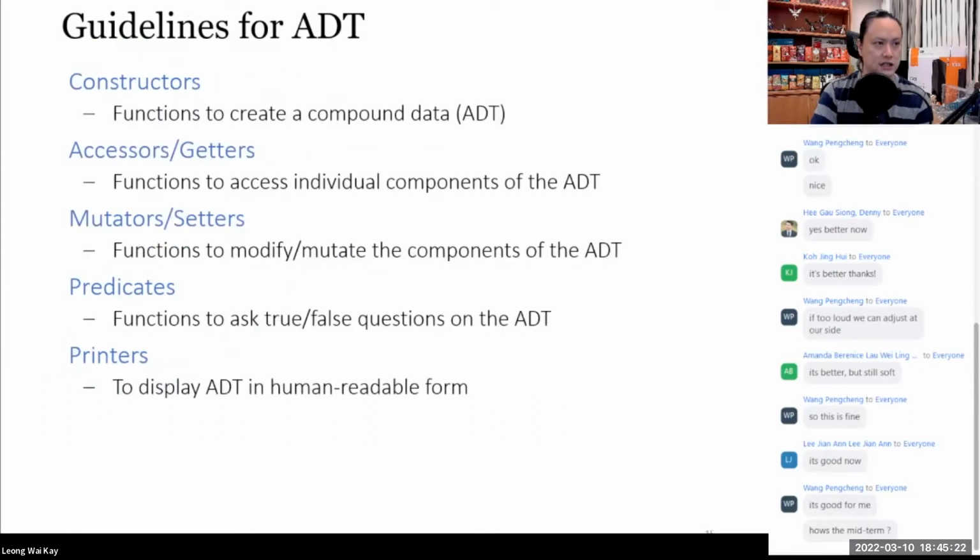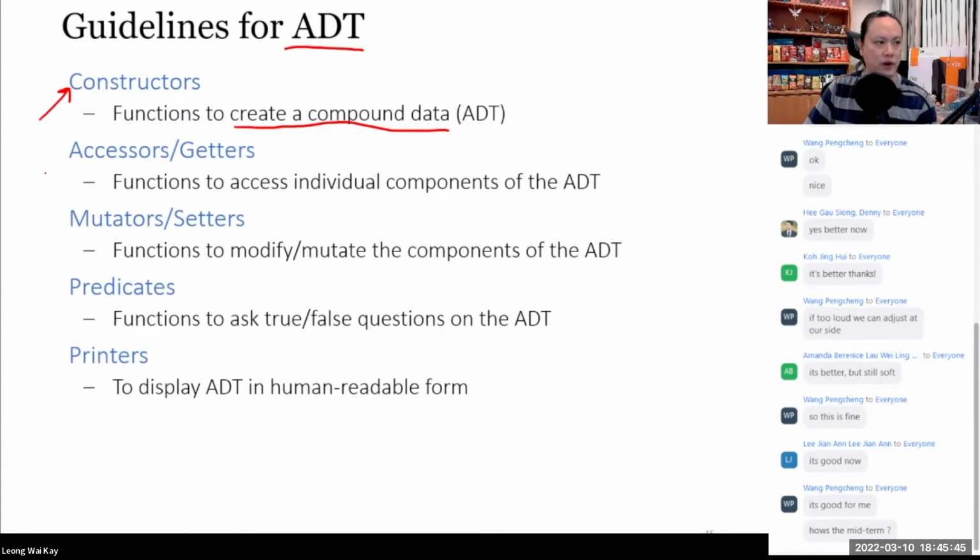Generally, to work with an ADT you have these four. Actually, generally three important ones, but here we list down five. The first important one is a constructor, basically creating the compound data, how to create it.